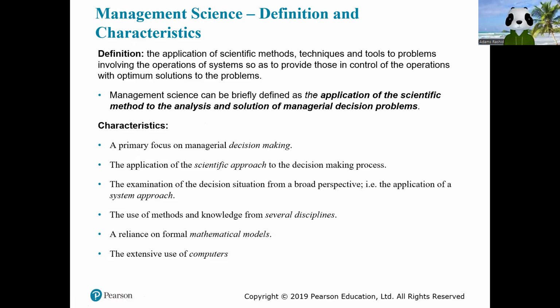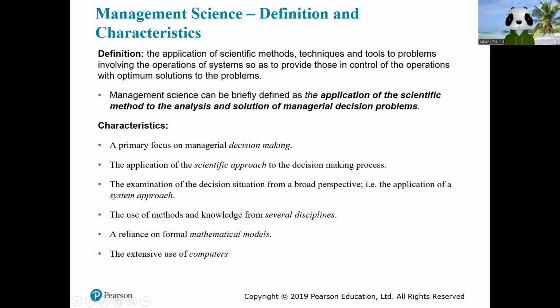So we say that management science is simply the application of the scientific method. If you remember with this scientific method, the application of the scientific method to what? Managerial decision making. So that is what it is about.